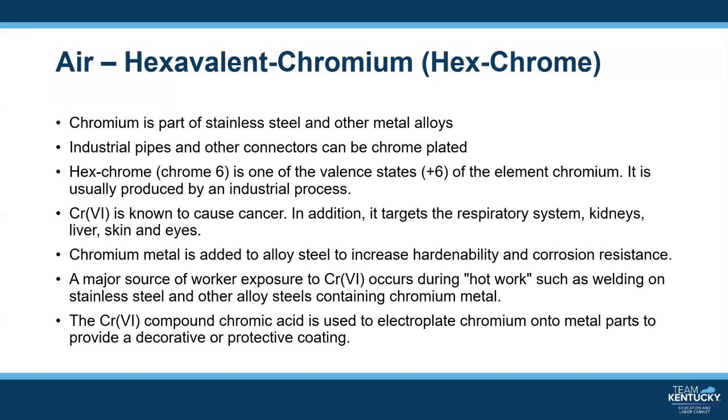Chromium metal can also be added to alloy steel to increase the hardenability and corrosion resistance. A major source of worker exposure to chrome-6 occurs during hot work, such as welding on stainless steel and other alloy steels that contain chromium metal.